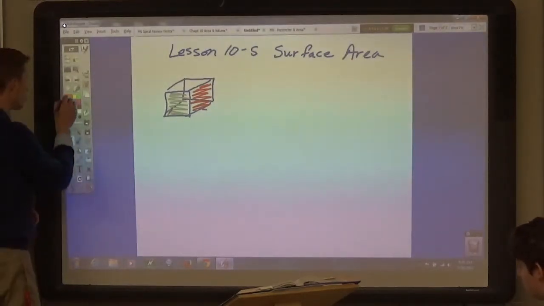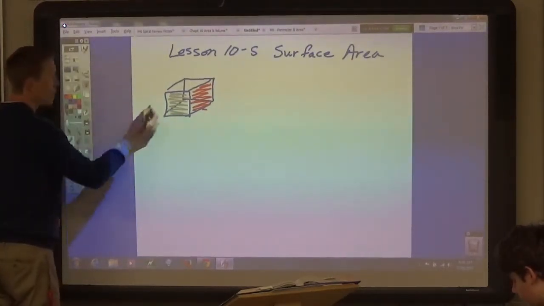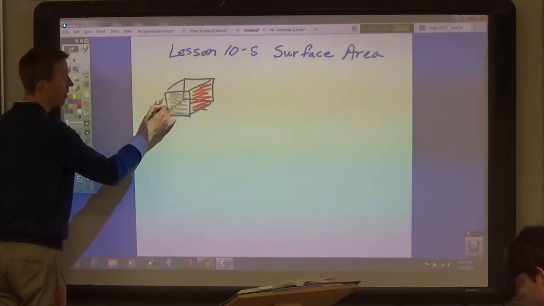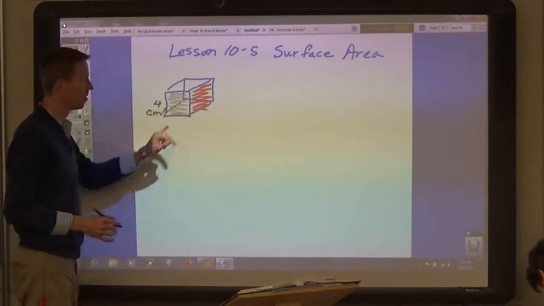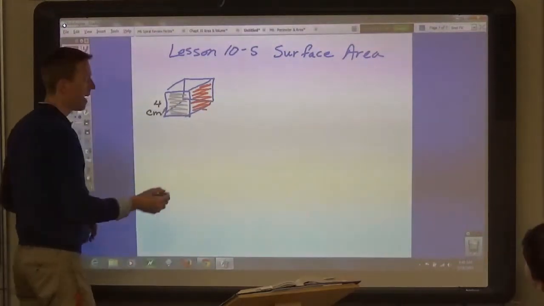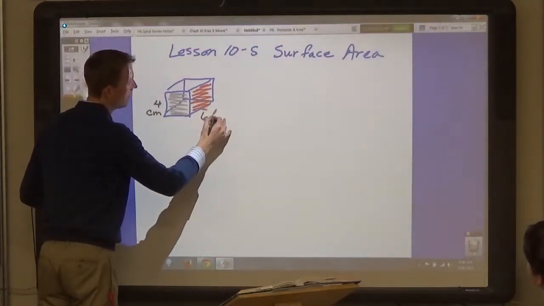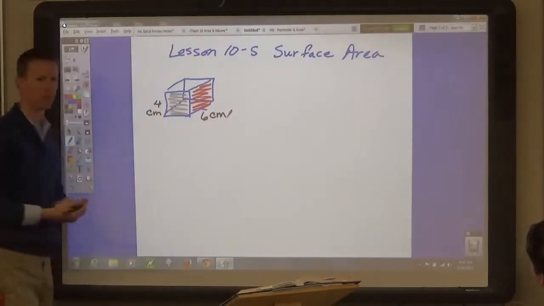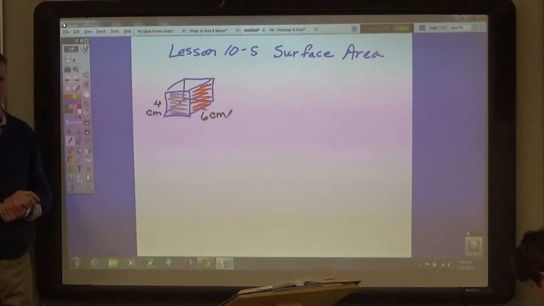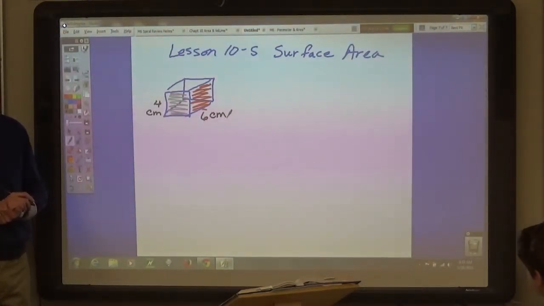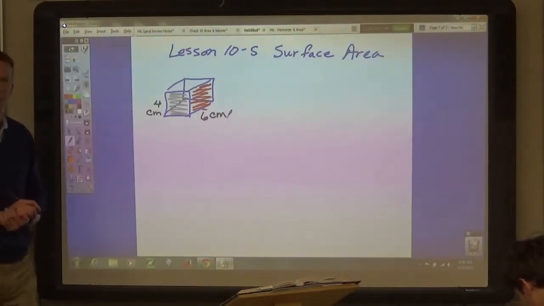Okay? So let's say that the square has a side of 4 centimeters and a depth of 6 centimeters. How would we find the surface area of this? How many bases would it have?